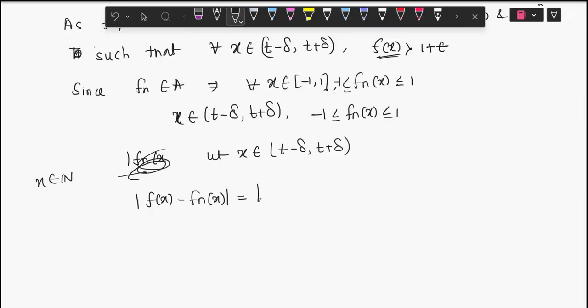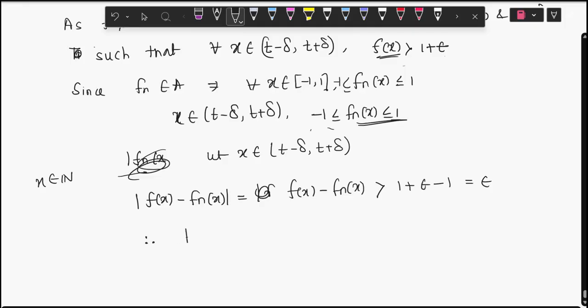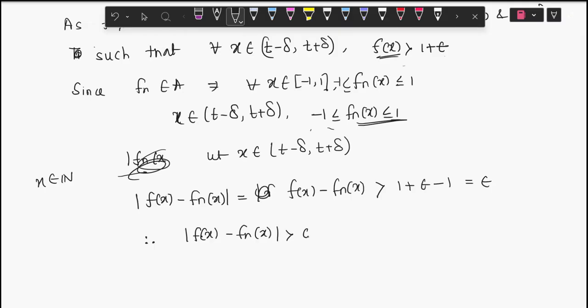This is equal to f of x minus fn of x. Why? As fn of x is less or equal to 1 and f of x is more than 1. So I can do that. Now this is greater than 1 plus epsilon minus 1, which is equal to epsilon. So therefore mod of f of x minus fn of x is greater than epsilon.